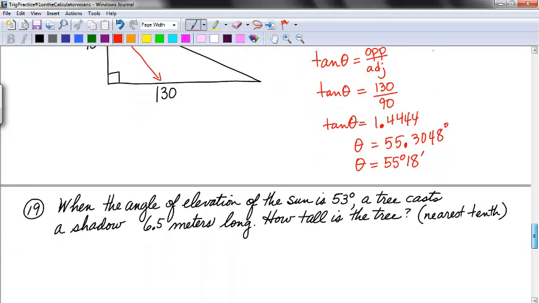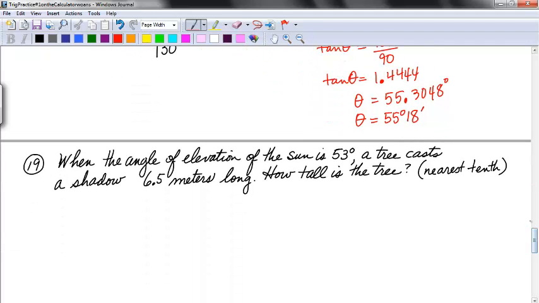Last example. Some of these they will give to you in the form of word problems. When the angle of elevation of the sun is 53 degrees, a tree casts a shadow 6.5 meters long.